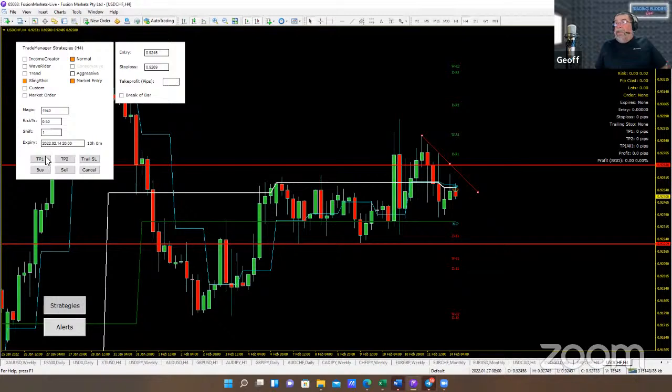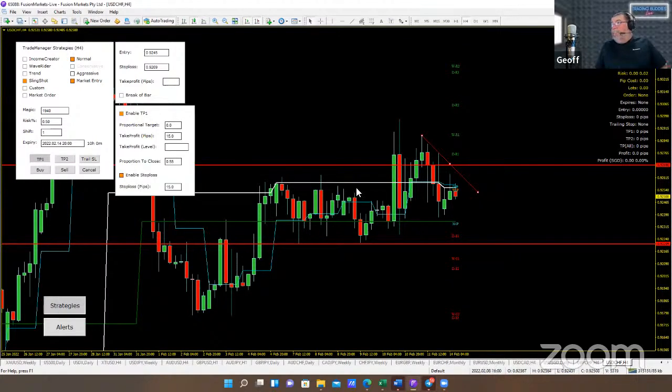Take that out. TP1 is going to be, pardon me, the low of that bar there, which is 92.37. So we'll get rid of that default and go with 92.47, I think I said. Or was it 37? 37, sorry. There we go.